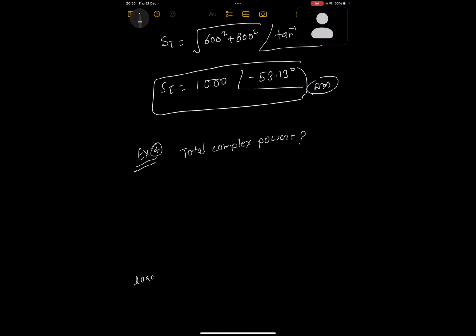First load 1 is given, that is this one. And this one is 8 kilowatt, minus 6 kilovar. And this one is your 10 kVA, angle is minus 36.87. Okay, load 2 is given.